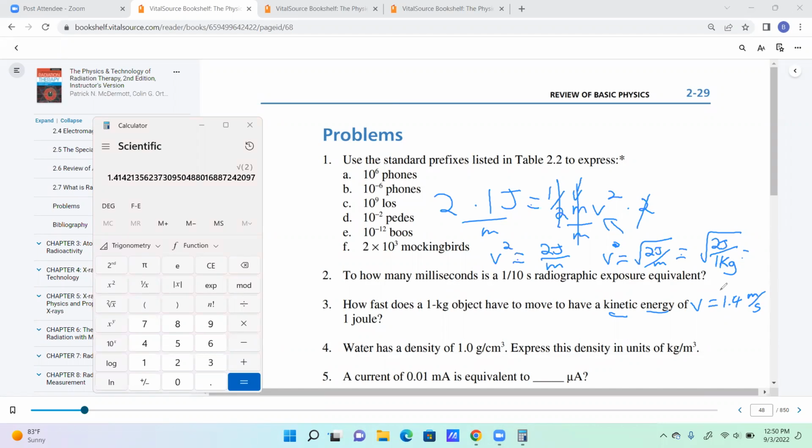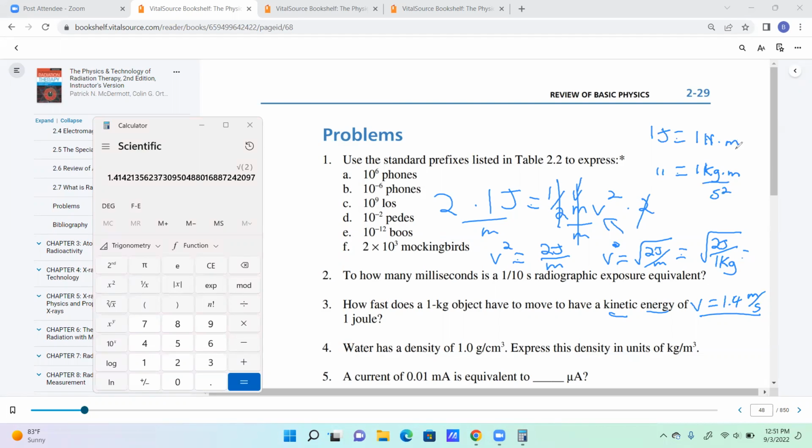And again, how do I know that this is meters per second? I know it because a joule is equal to 1 Newton meter. And I know that a Newton is the same as 1 kilogram meter per second squared.